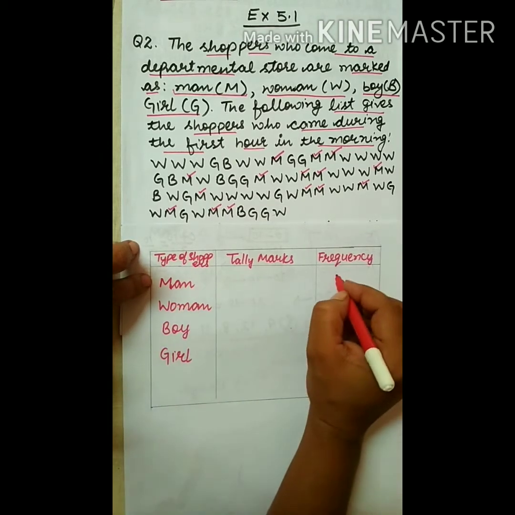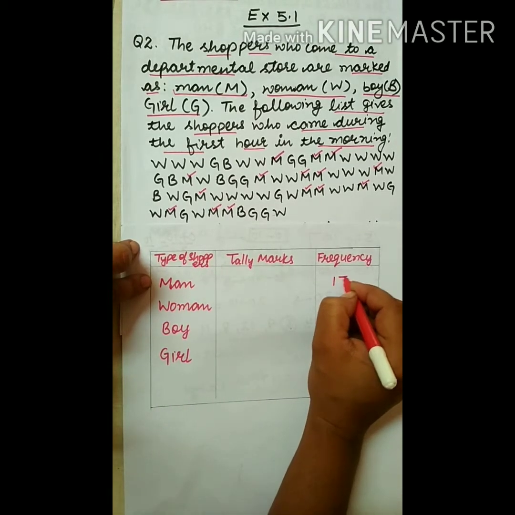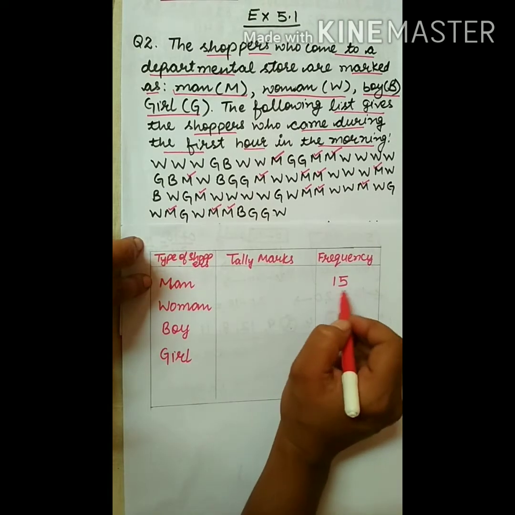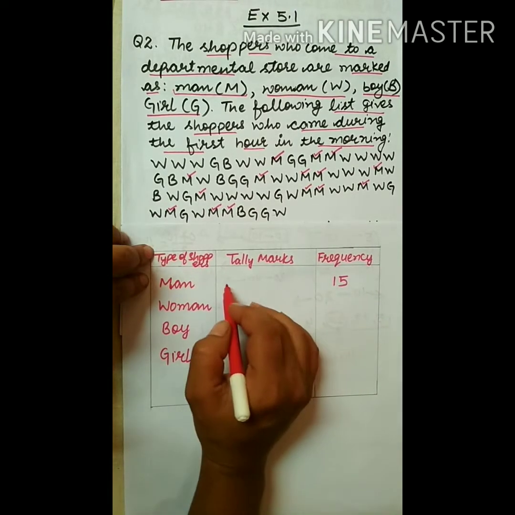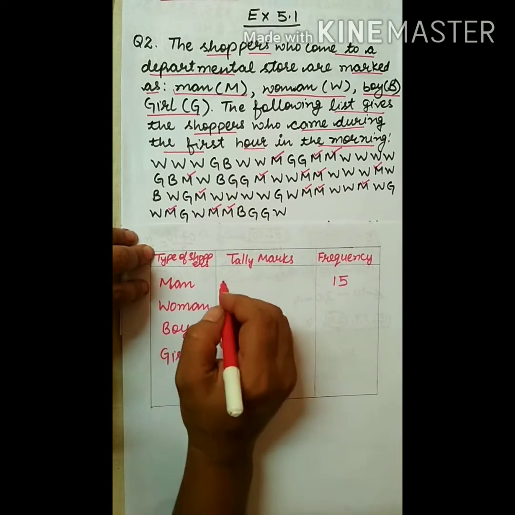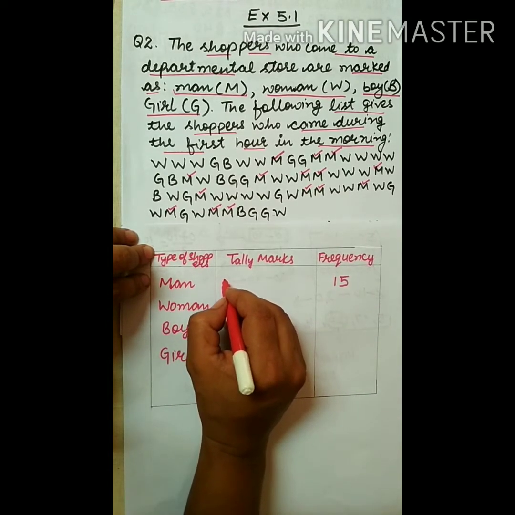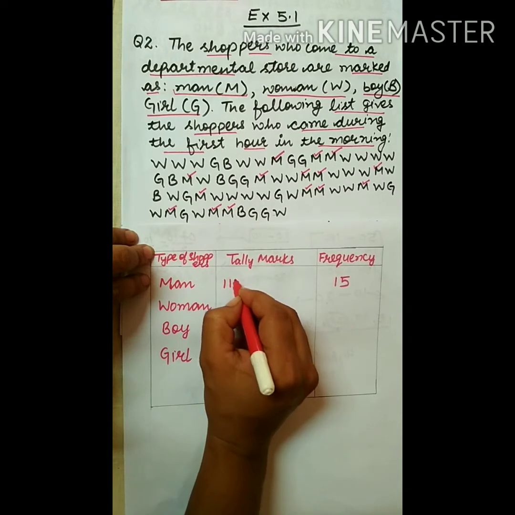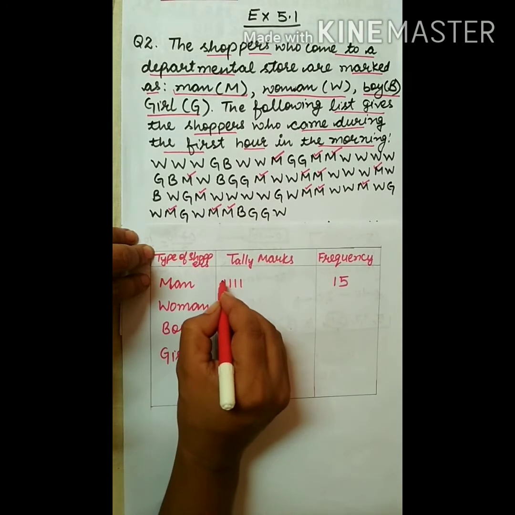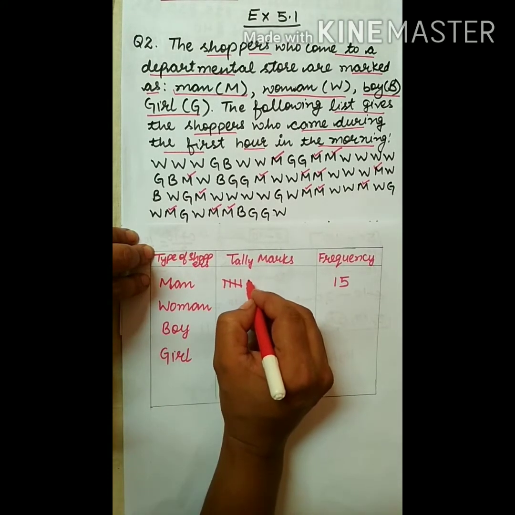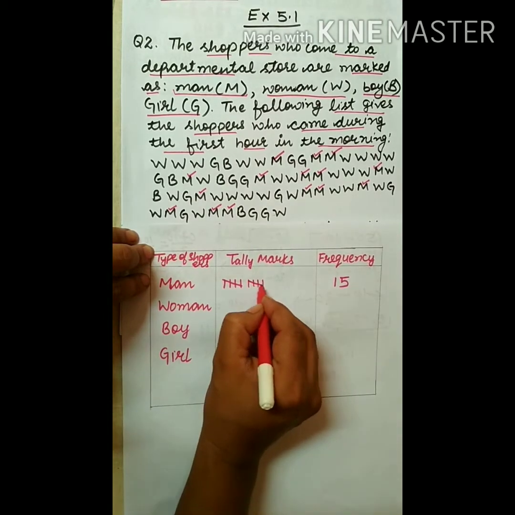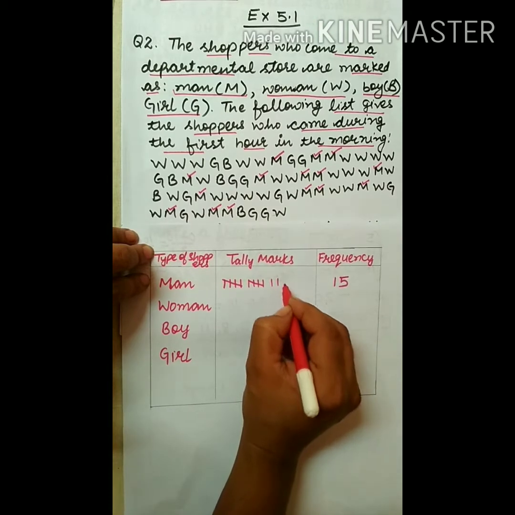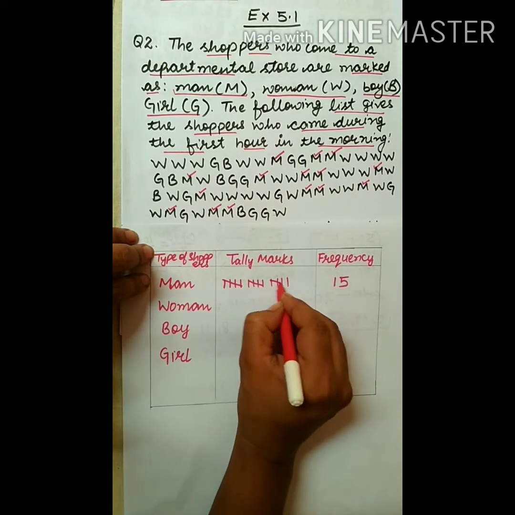So here I will write down 15 as the frequency, which is the number of times the particular entry occurs. Now I will write down 15 in terms of tally marks. 1, 2, 3, 4, 5, 6, 7, 8, 9, 10, 11, 12, 13, 14, 15.